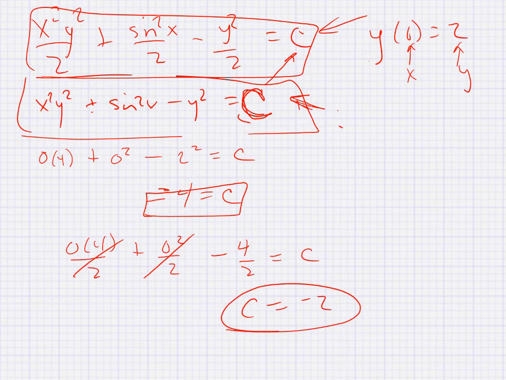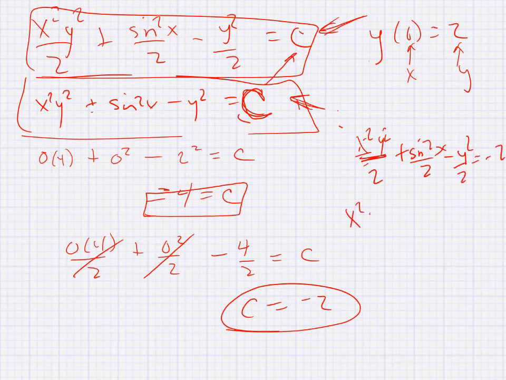Now, even though it looks like I got two different c's here, depending on which equation I used, I really have the same equation, because either I got x squared y squared over 2 plus sine squared over 2 minus y squared over 2 equals negative 2, or I got x squared y squared plus sine squared minus y squared equals negative 4.